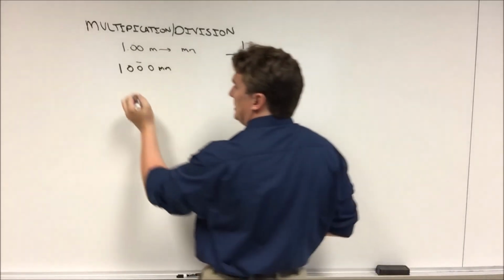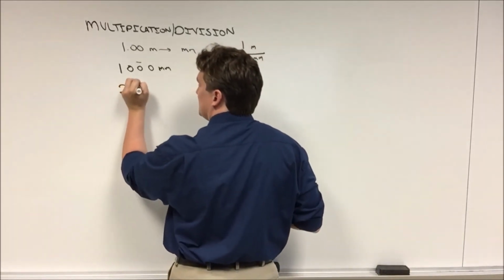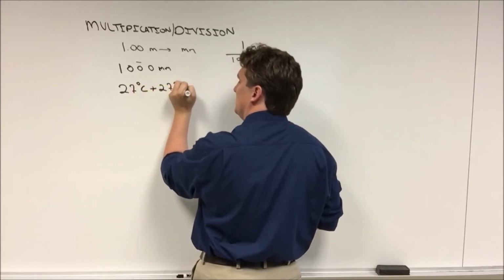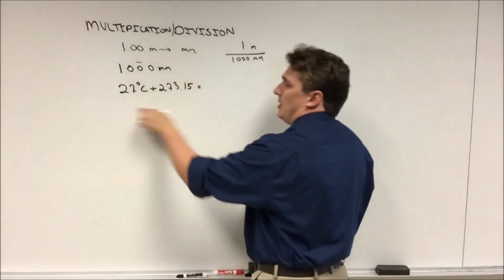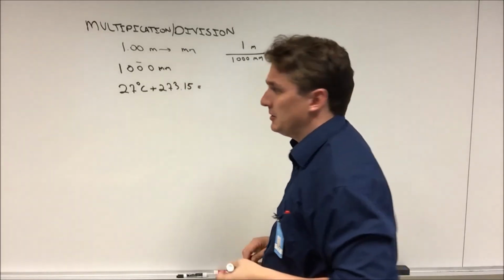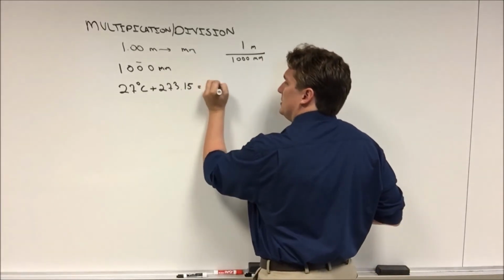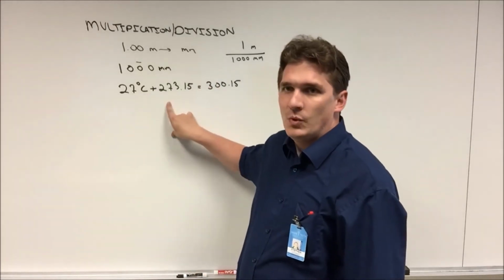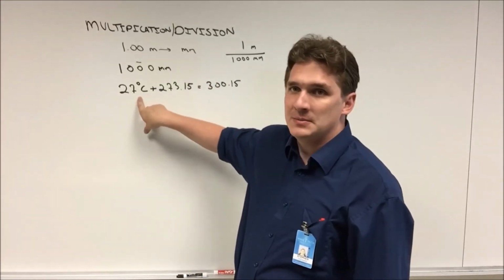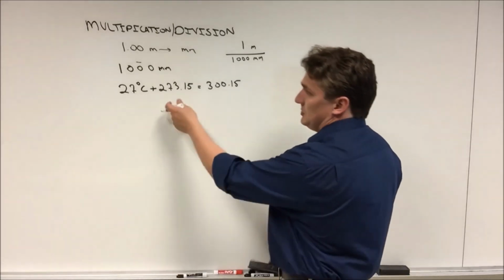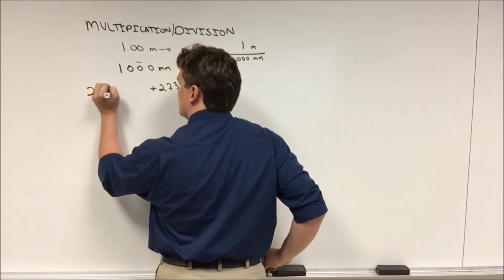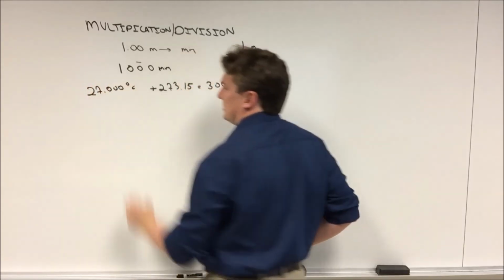If we have temperature, and we have 27 degrees Celsius and we want to go to Kelvin, we add 273.15, and our temperature in Kelvin looks like 300.15. But we have to ignore these 2 decimal points because we're limited by the temperature in Celsius. Now let's say instead of giving you 27 degrees, I gave you 27.000 degrees Celsius.